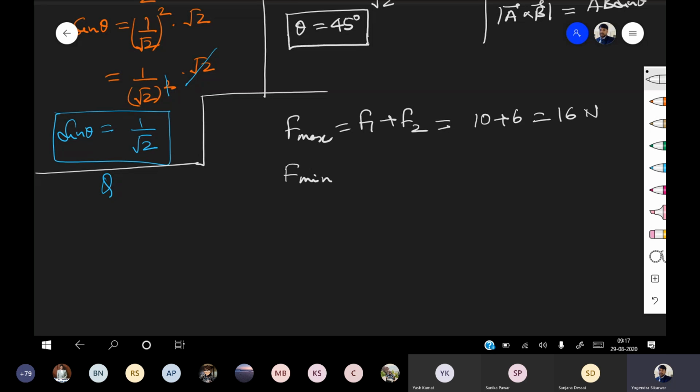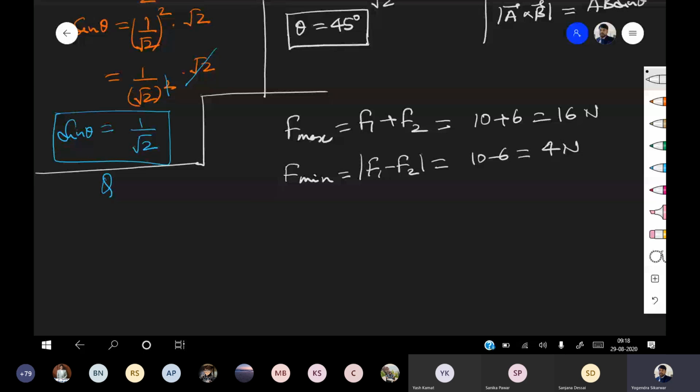And F min when both are in opposite direction. So that will be magnitude of F1 minus F2. And that will be 10 minus 6 is equal to 4 Newton. So your value can be anything between 4 to 16. So can 2 be the answer?